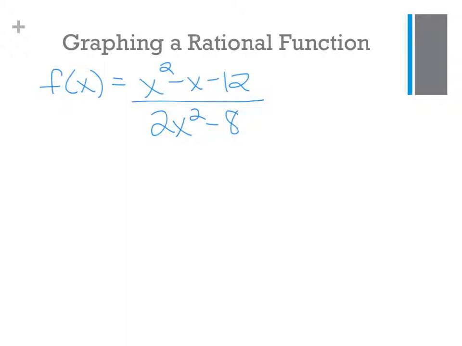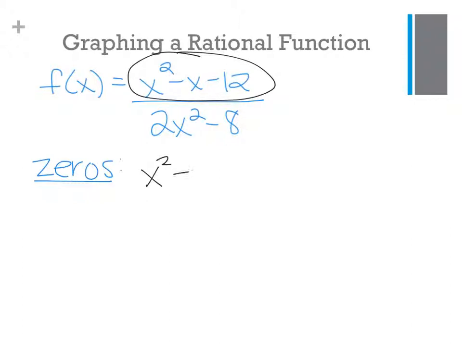Okay, so we need to find the intercepts here of this function, and to do that, to find the zeros of the function, or the x-intercepts, that is where your numerator, the top function, is equal to 0.